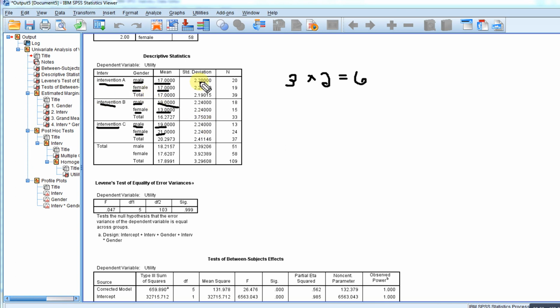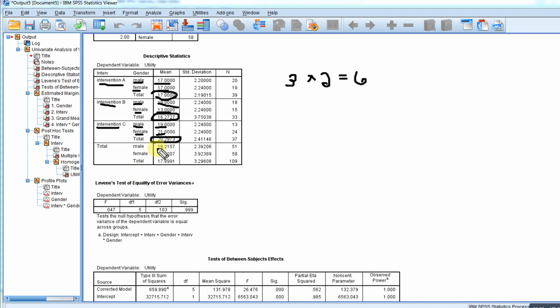When we're studying the main effect of intervention, we're just comparing those individuals in A, the cell mean across gender, against those individuals in intervention B across gender, and against those in C across gender. And then when we're looking at the main effect of gender, we're just looking at males versus females irrespective of the intervention.